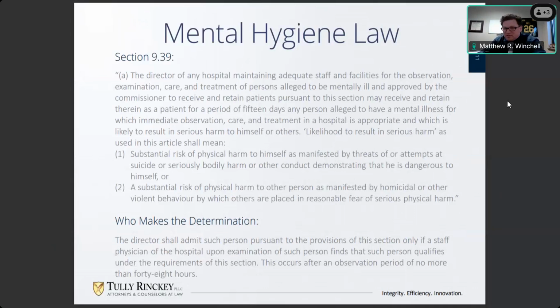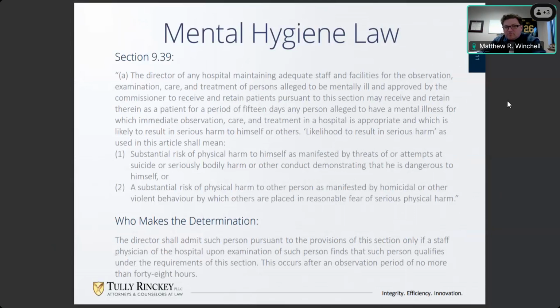Now, who makes the determination? Under the mental health law, the director shall admit such person pursuant to the provision of this section only if a staff physician of the hospital, upon examination of such person, finds that such person qualifies under the requirements of this section. This occurs after an observation period of no more than 48 hours.